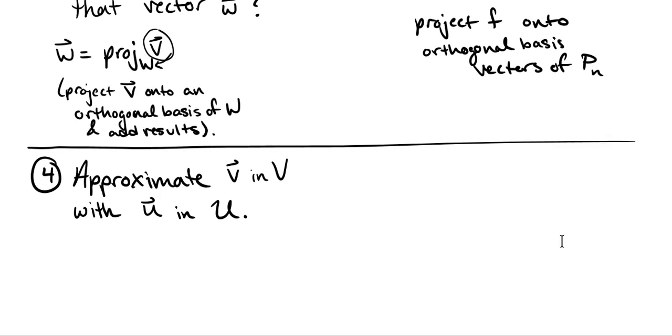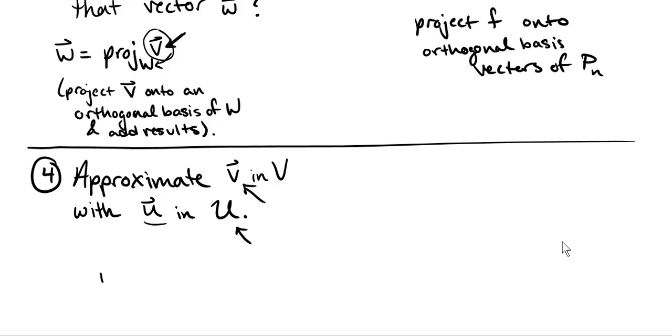And then all we're going to do is take v, this v we originally started with that's not in the subspace, and we can say that the closest approximation to v in the subspace U is this projection that we've come up with.